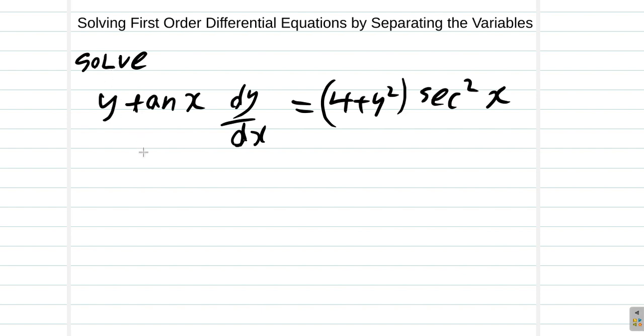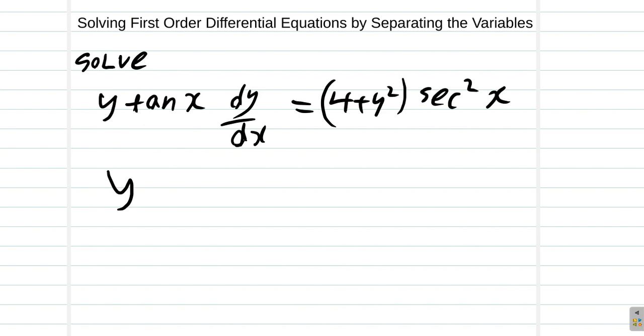So what happens here now? Let's see. Suppose we divide both sides by tan x. We'd have y tan x, alright, you should remember, the tan x would be under here, and it would cancel this, right?